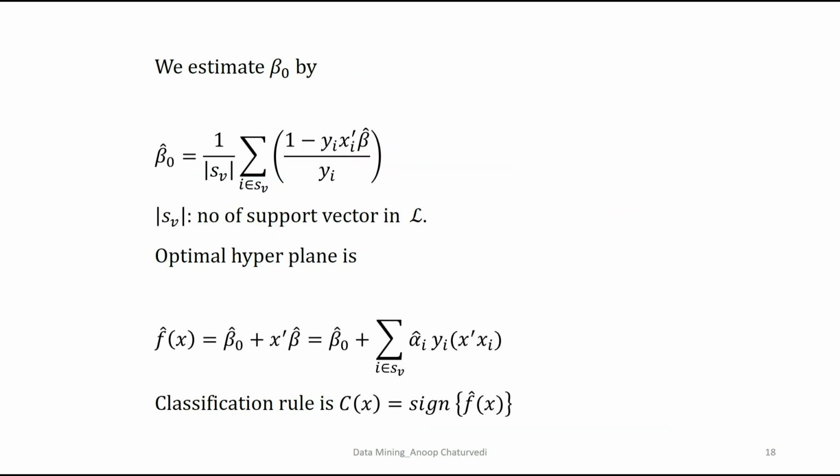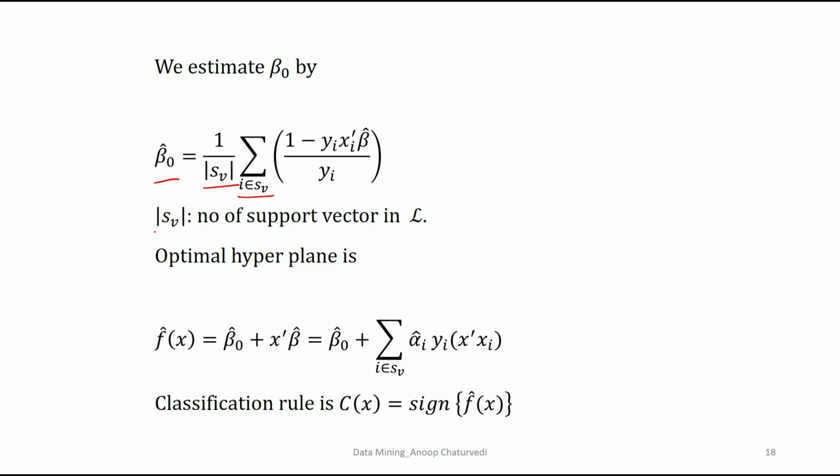So, for estimating beta naught, only the support vectors may be considered, and then beta naught hat is equal to 1 upon mod SV summation over i belonging to SV of (1 minus yi xi transpose beta hat) upon yi.